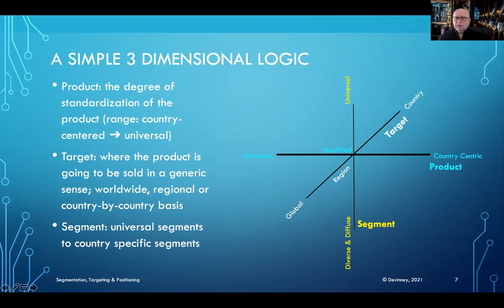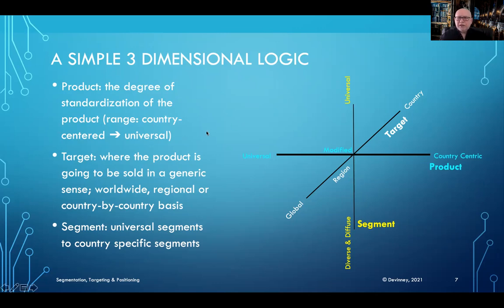Take Coca-Cola. Coca-Cola might have a targeting which is global regional. You can see this when you do the case, but the product itself may be universal. Right? So the product itself can be tailored, and by the product I'm talking about the product in terms of image and everything else.